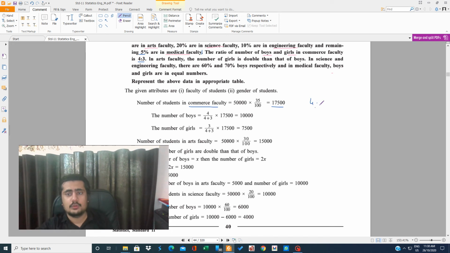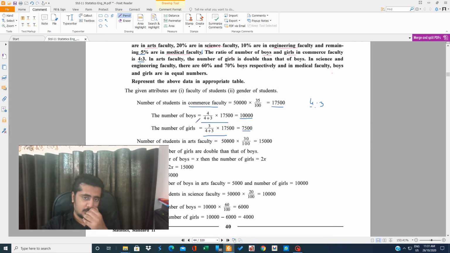If I want to find boys, what should I do? You know how to find the numbers when the proportion is given. This 4 is boys. To find boys, it's 17,500 into 4 upon 7, that is 10,000. Then 17,500 into 3 upon 7, that is 7,500. This is boys and this is girls.